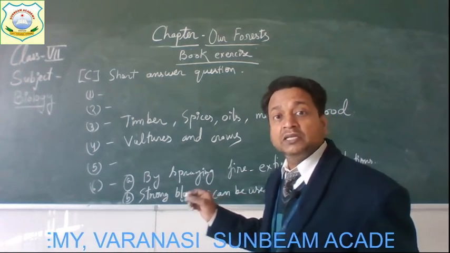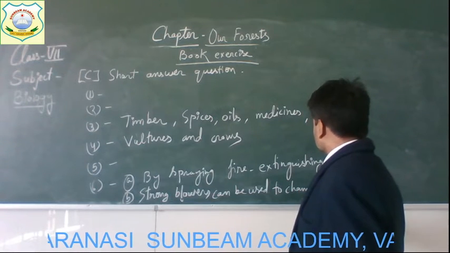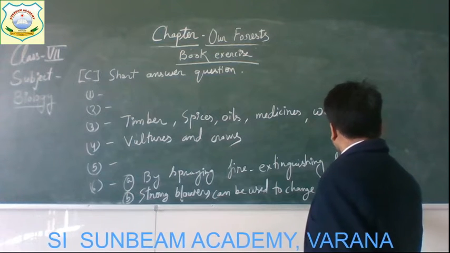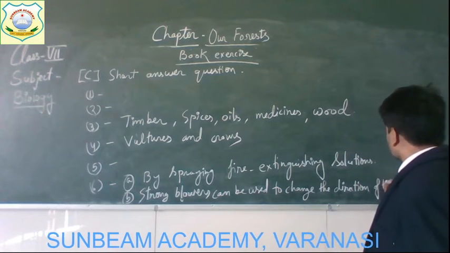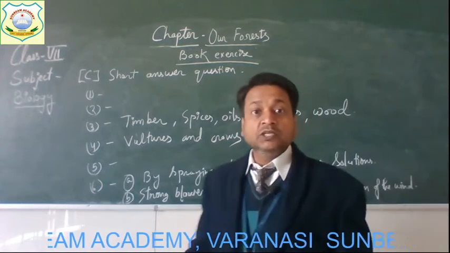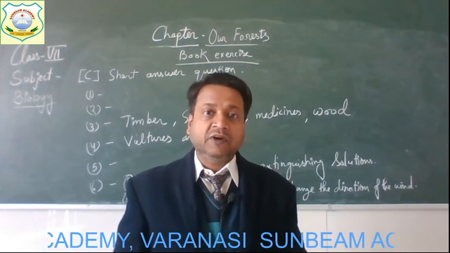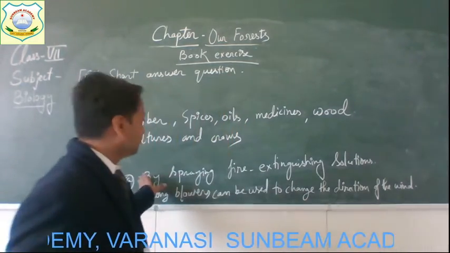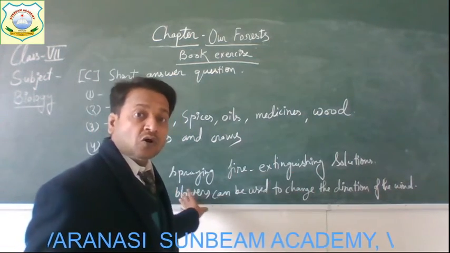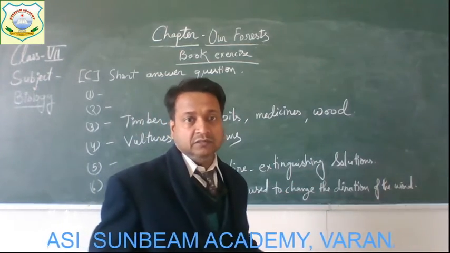Yes, to change the direction of the wind. So these are the two methods by which we can control the forest fire, by spraying the fire extinguishing solution and also by strong blowers that can be used to change the direction of wind.